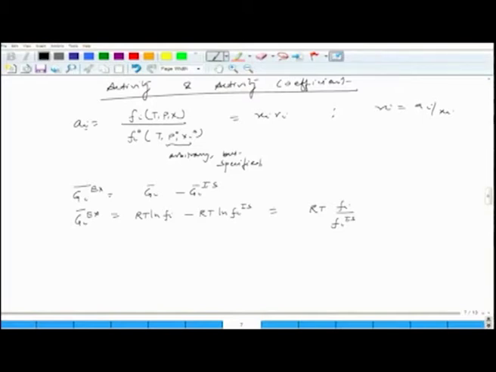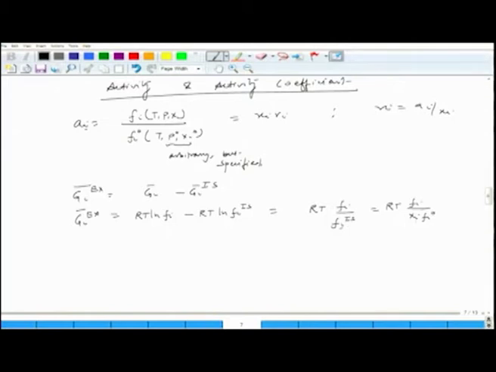Now you can relate this, because you know that f_i^is for an ideal solution for any liquid is nothing but x_i f_i^0. So this is for the ideal solution.